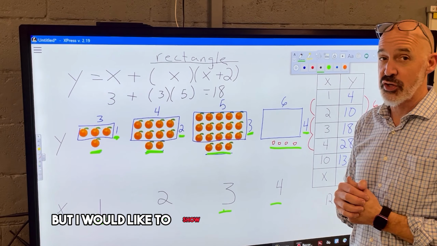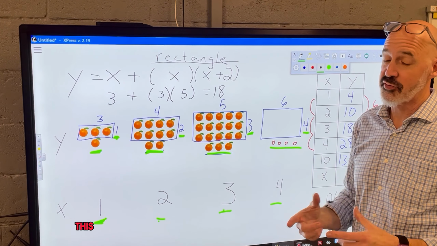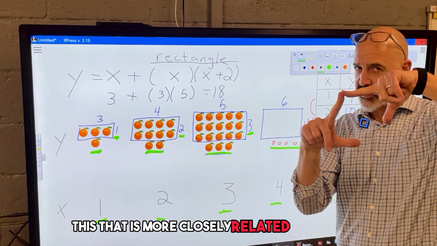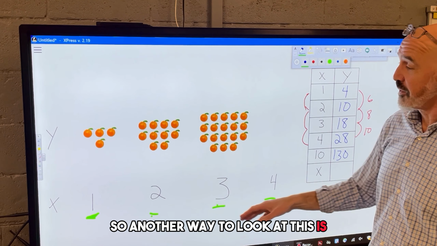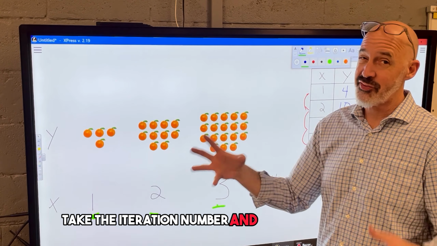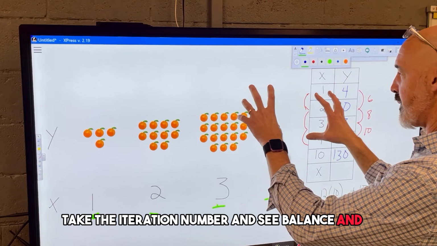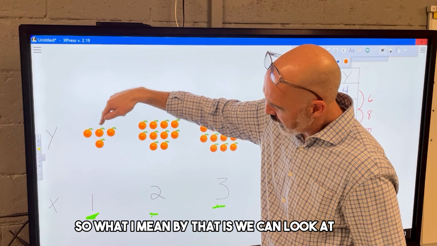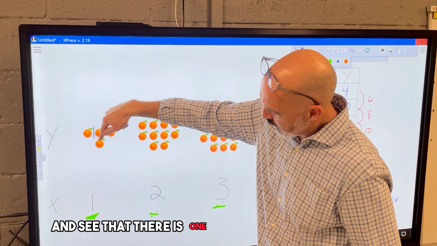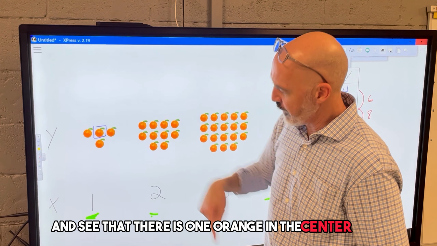But I would like to show you another way to think about this that is more closely related to a square. So another way to look at this is take the iteration number and see balance and a center. So what I mean by that is we can look at one and see that there is one orange in the center, right?